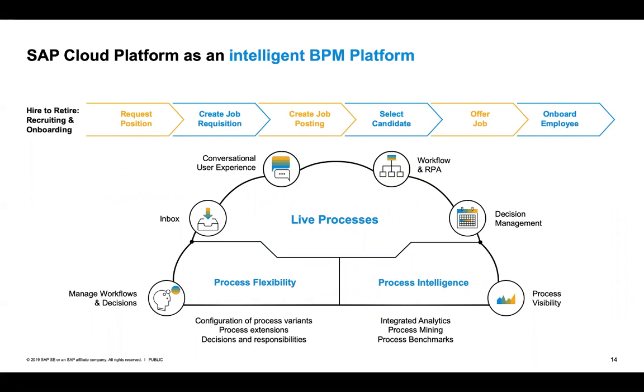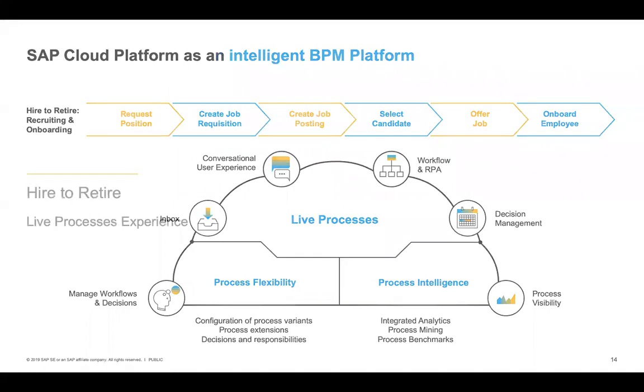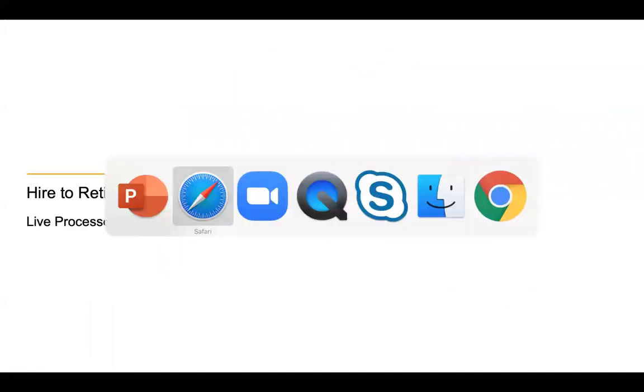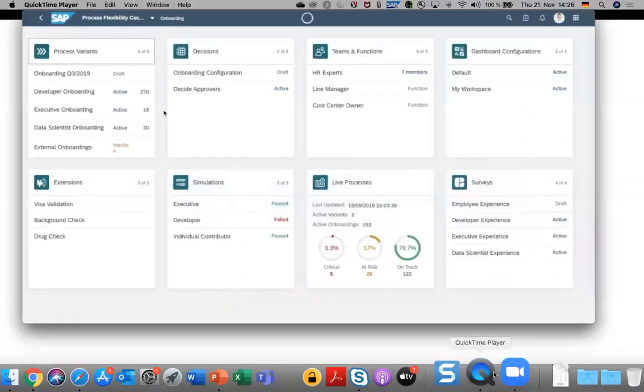But of course, there are different areas within this scenario where improvements are necessary, where enhancements of the actual standard processes are necessary. And this is something which we would like to provide to you with the help of our services, with the workflow service and business rules under the umbrella of SAP Intelligent BPM. So having said this, let me now switch to the demo.